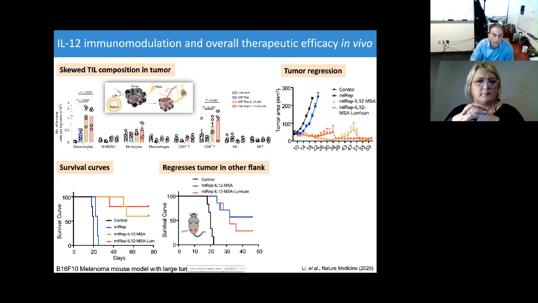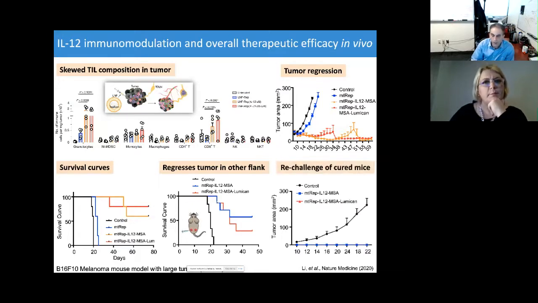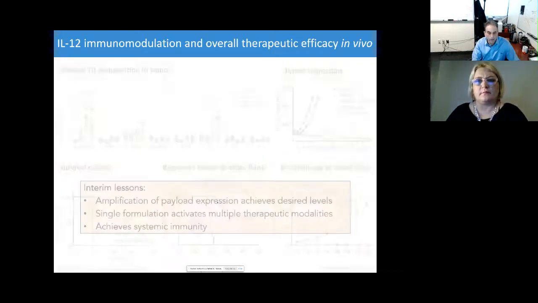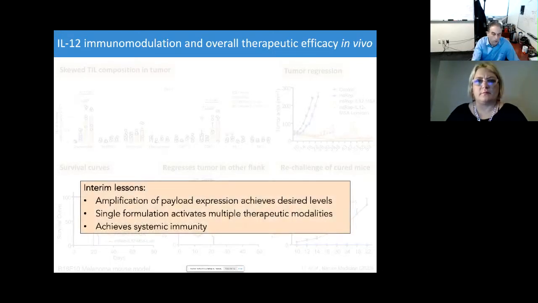So if there's a tumor on one side, a tumor on the other side of a mouse, we inject one side, the other side also regresses. And ultimately, we have this durable response that if the mice have been cured, if we re-inject the tumor, they reject the tumor. So we really are quite excited about this. And so this is showing that expression of payload is important. The single formulation achieved multiple therapies, and we can get systemic immunity.